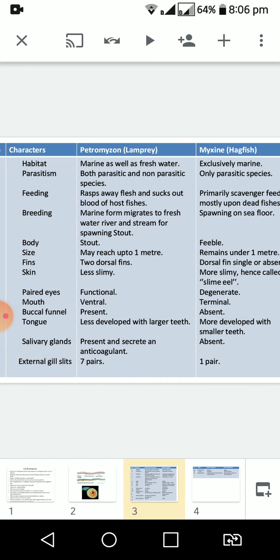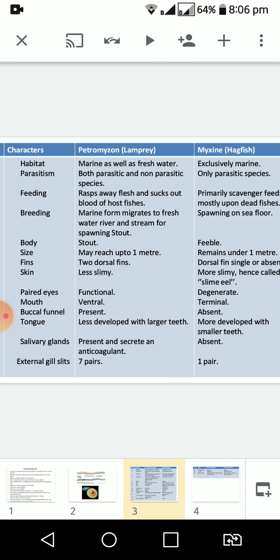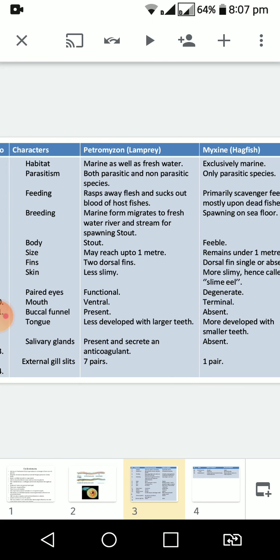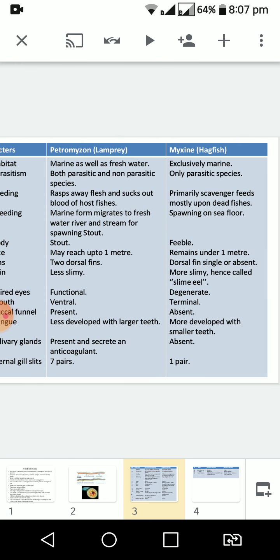The size may reach up to 1 meter in petromyzon, and under 1 meter in myxin. So that is the size. And in the petromyzon, two dorsal fins are present, but in the myxin, the dorsal fin is only single. Maybe in some myxin, it is absent also.